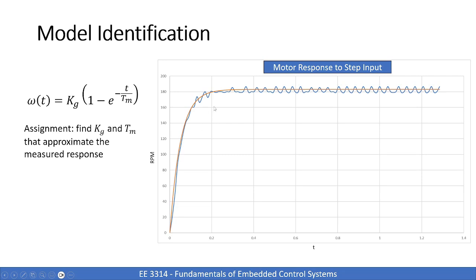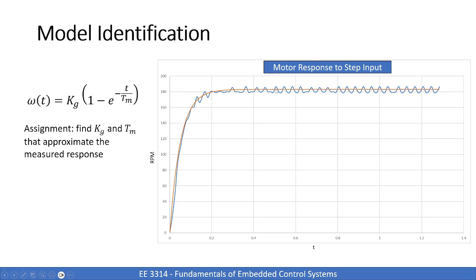So I put that data in Excel, and then I also created this response in Excel, and I tweaked Kg and Tm until the curves looked about the same. Tm is going to be your time constant. Raising or lowering Tm is going to make this response much slower or much faster.